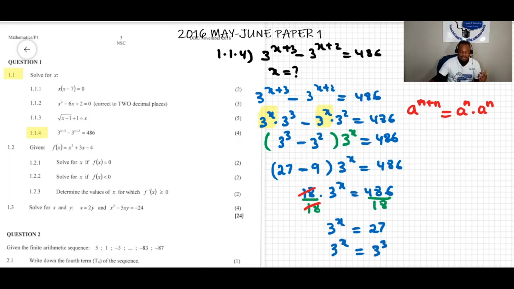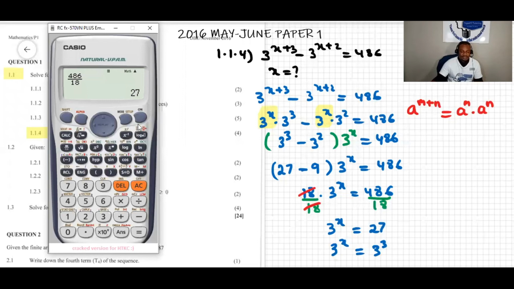If you're unsure, write 27, press equal, shift and then fact. You see that 27 is equal to 3 to the power of 3.